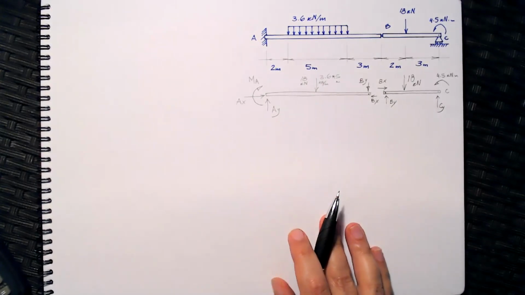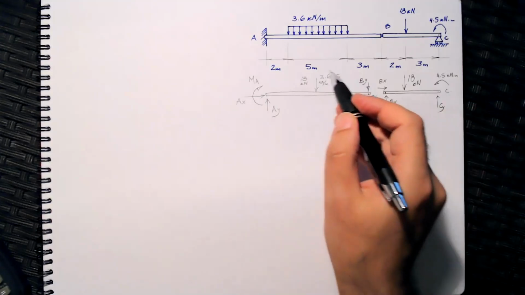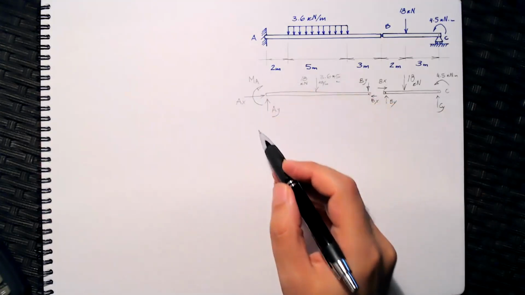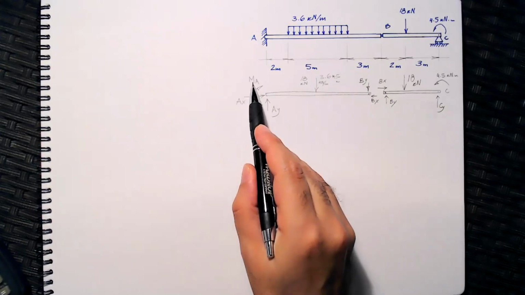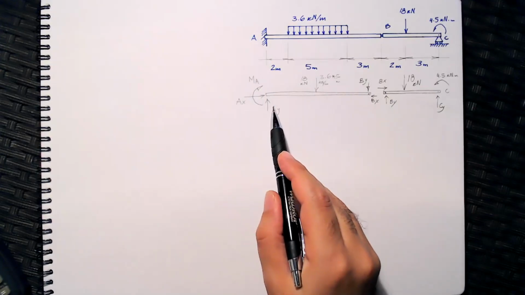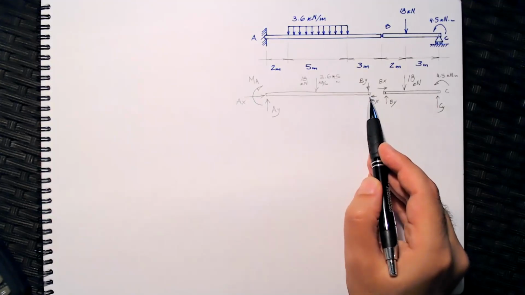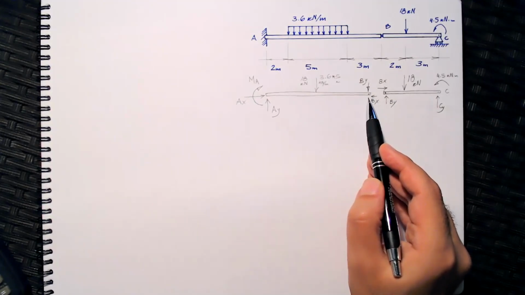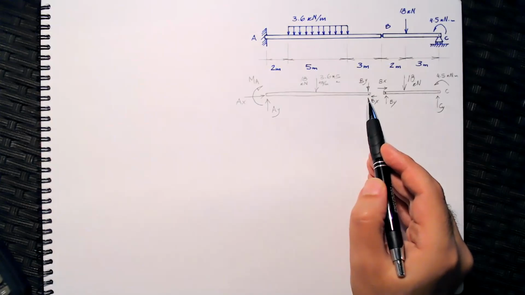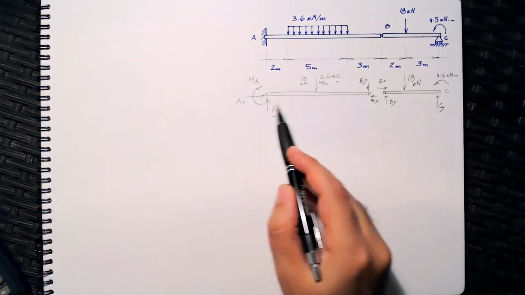All right, so how many unknowns do we have on the left-hand side? 1, 2, 3 at this support A, plus 2 more at B. This is 5 unknowns. Do we have enough equations to calculate the 5 unknowns?